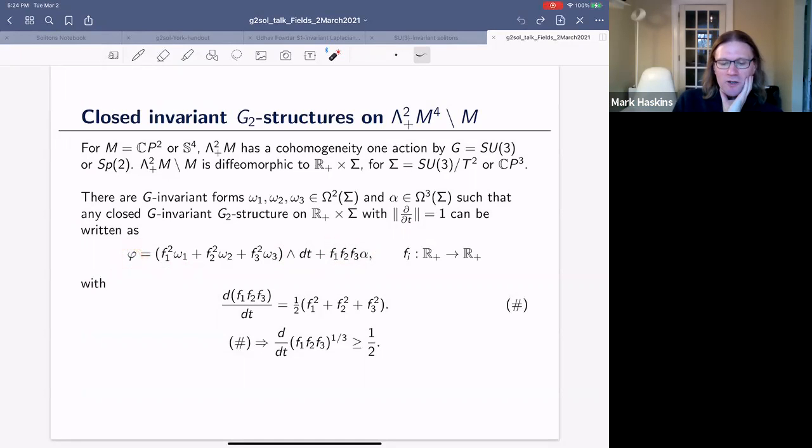Asking that this be closed, just knowing the structure equations, tells you this one equation here.